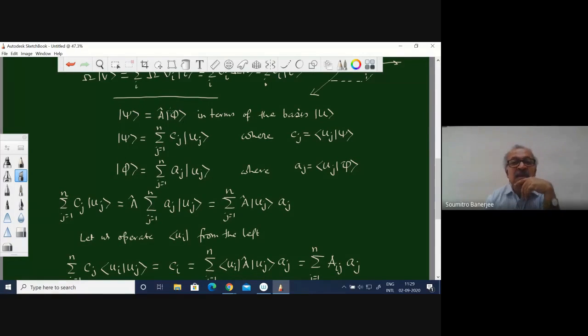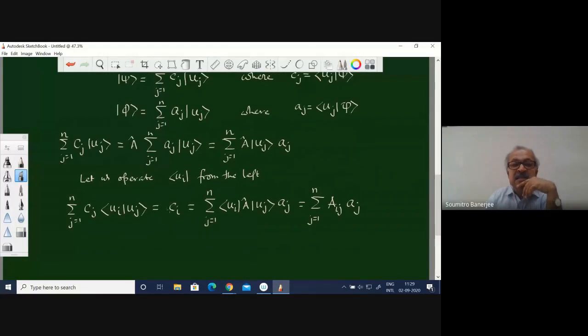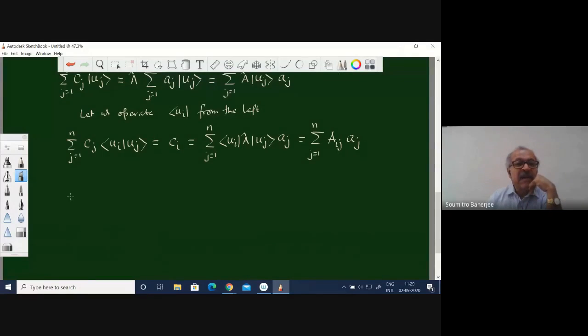Phi was completely given in terms of the column vector with a's as the elements, to give the column vector with c's as the elements, and we can see that the c_i's are given as this, which essentially shows that these are the matrix elements. So the A operator then is a matrix.